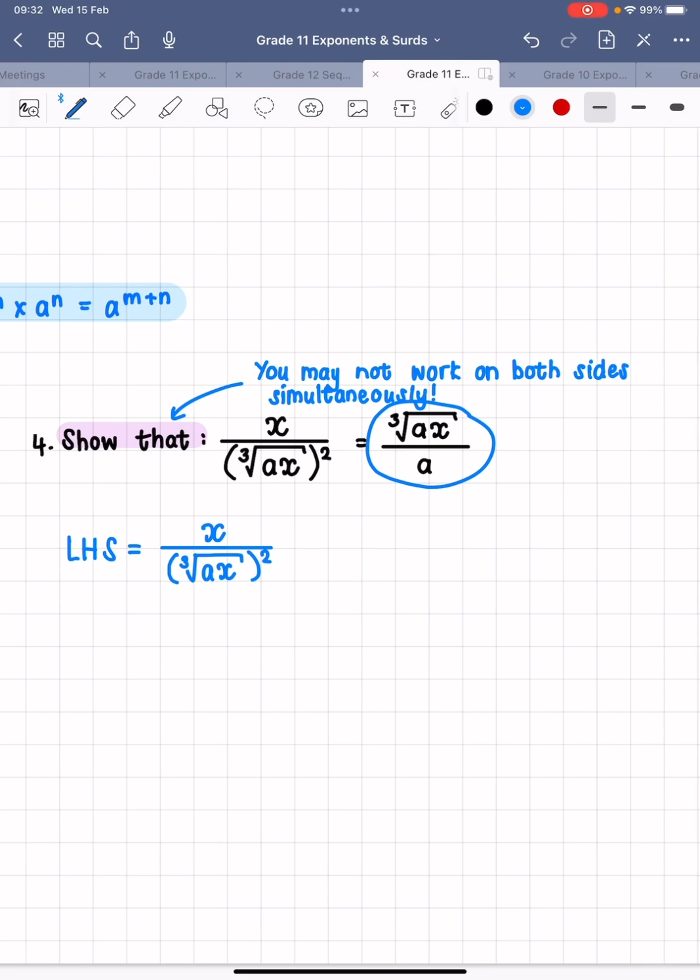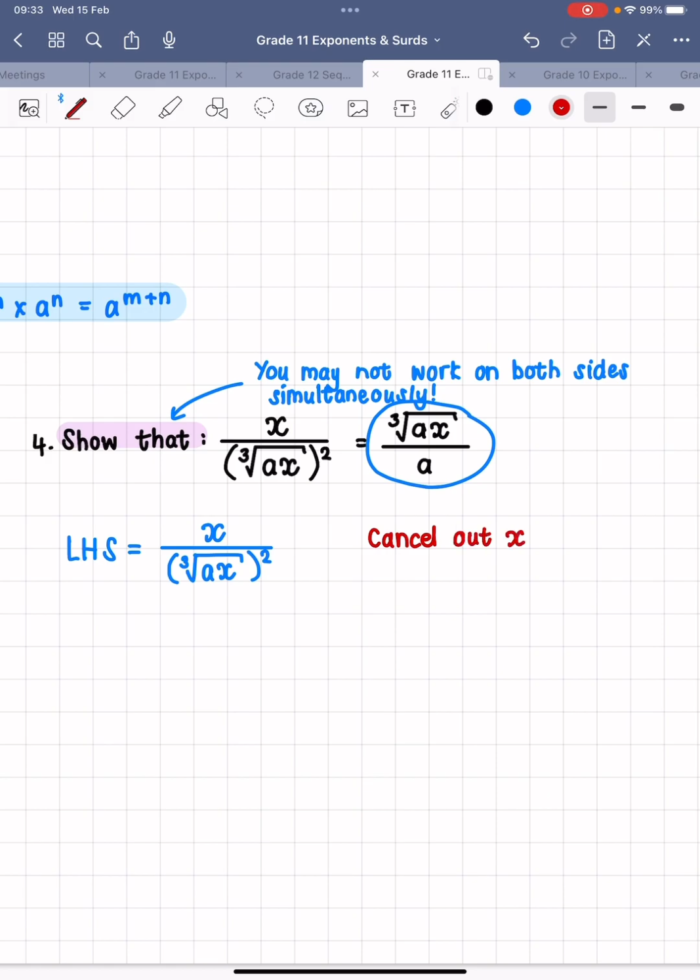Now the first thing that I'm noticing here is that at the top of the left-hand side we have an x. At the top of the right hand side there is no x. So at some point we're going to have to cancel this top x out with an x at the bottom. So somehow we're going to have to end up with an x at the bottom, right? So I'm just going to write on the side here things that I'm noticing, things that we're going to have to do. So we're going to have to cancel out the x.